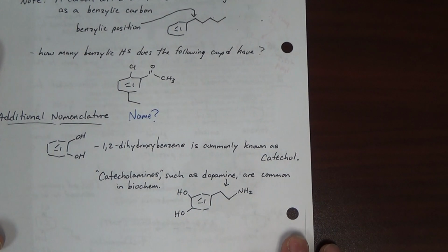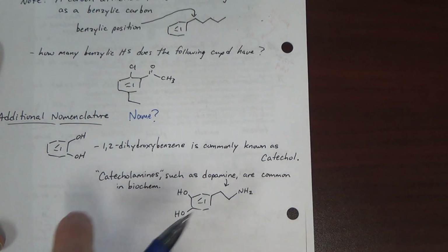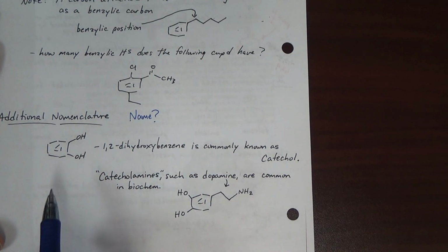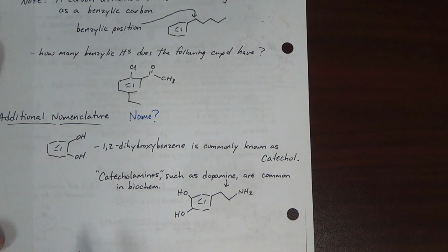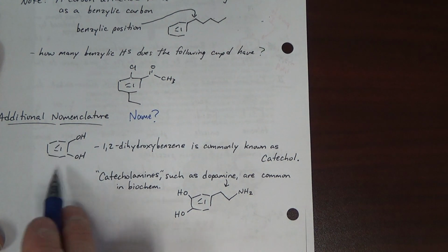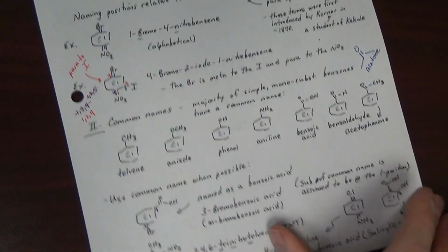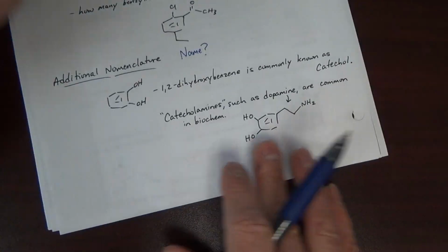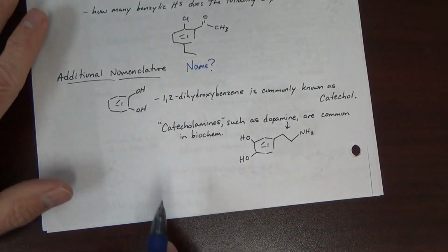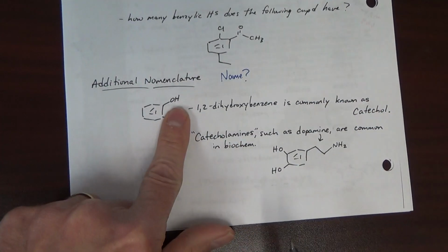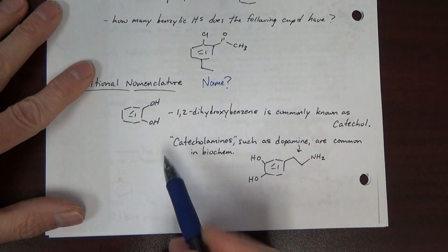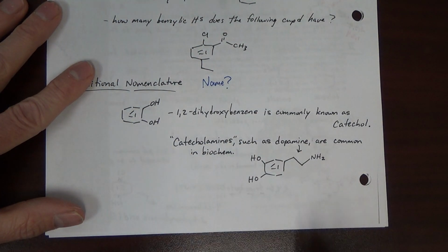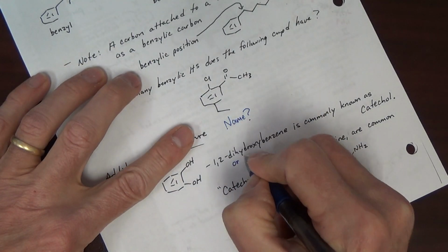Okay. I added one additional common name here. And I do want you to know this. Over here had 7. I'm going to make it 8. I want you to know this one. Now if there's only one OH there, it's phenol. 2 OHs in a 1-2 relationship, and so that's ortho.